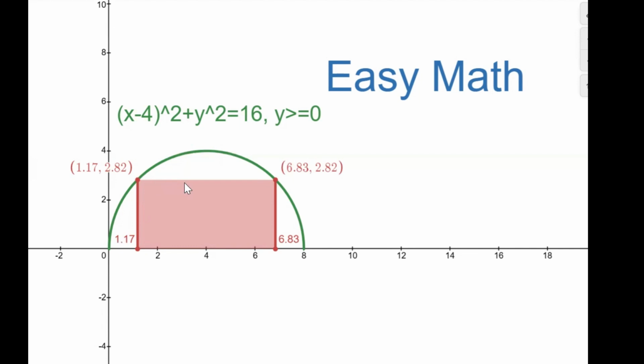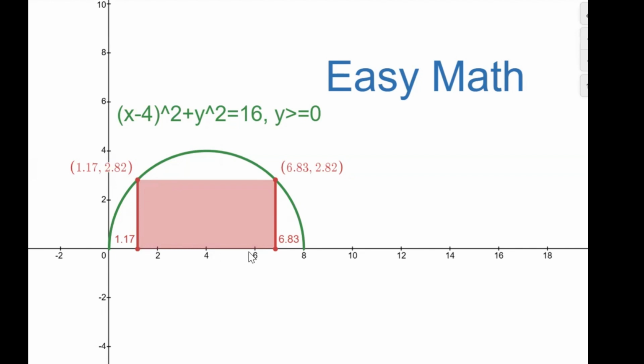And then is the maximum area of rectangle ABCD. We know that point A is (1.17, 0), point B is (6.83, 0), point C is (1.17, 2.82), point D is (6.83, 2.82).